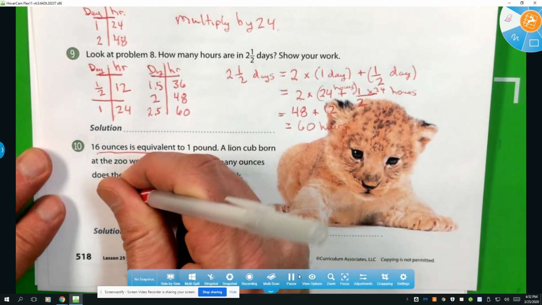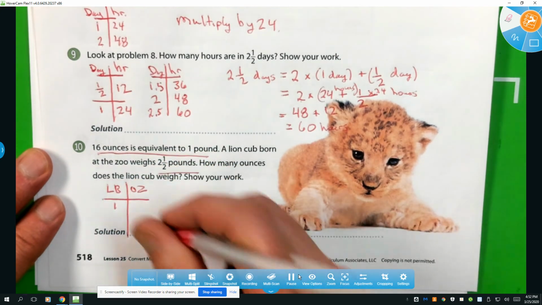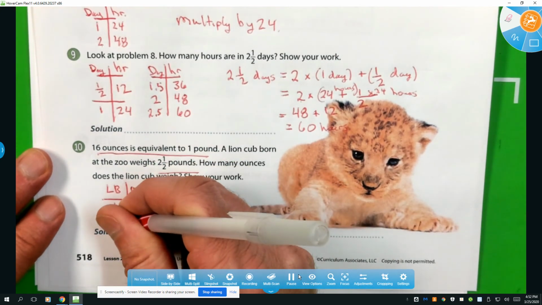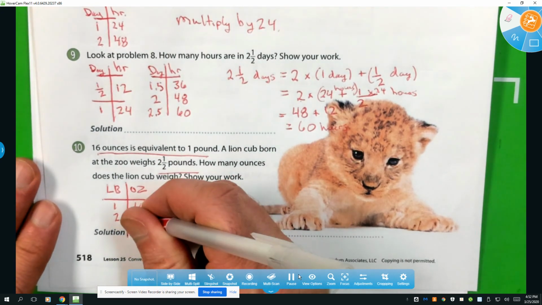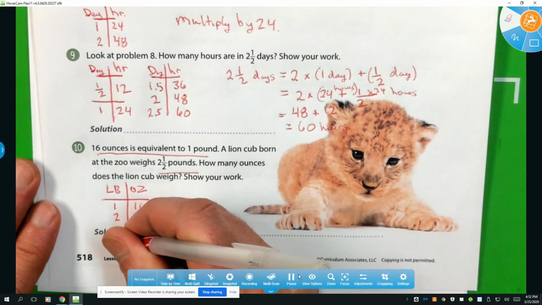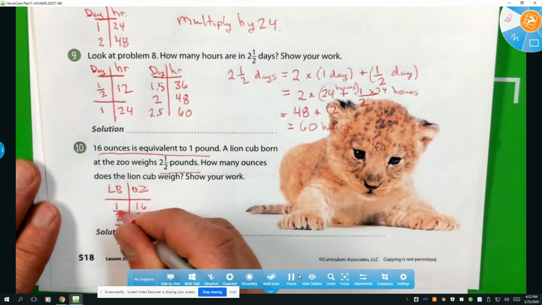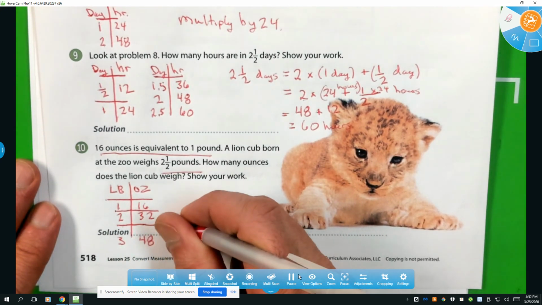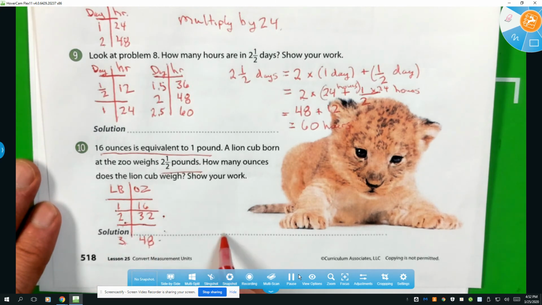So, pounds, ounces. 1 pound, 16 ounces. 2 pounds, how many ounces? 16 plus 16, right? 32. 3 pounds, 48. Now, I went straight to 3 because I wanted you to recognize that our answer is going to be between 32 and 48, because 2 whole pounds is 32, 3 whole pounds is 48, and it's going to be halfway in between these two numbers.